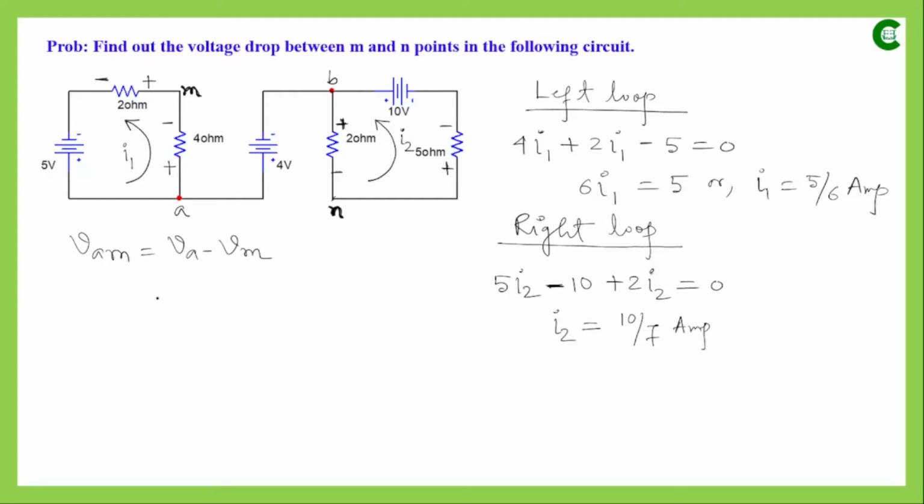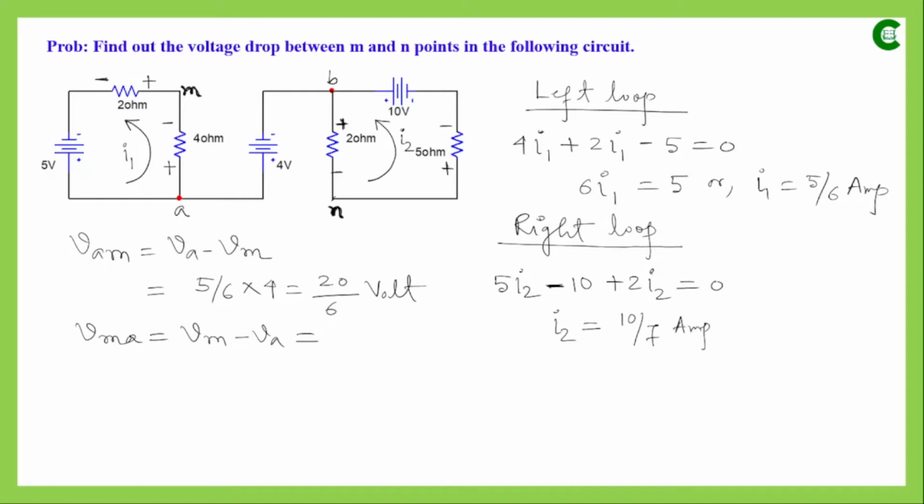So the VAM value will be the current value which we have found out, I1 is equal to 5 by 6, and then the resistance value which is 4. So it will be 20 by 6 volt. That can be written as Vm minus Va.